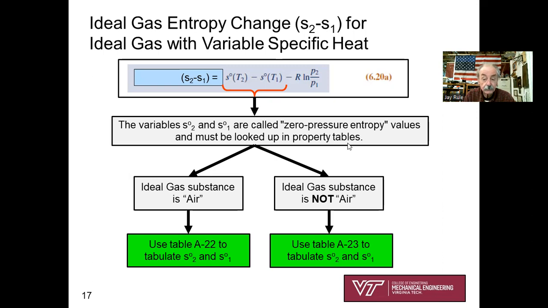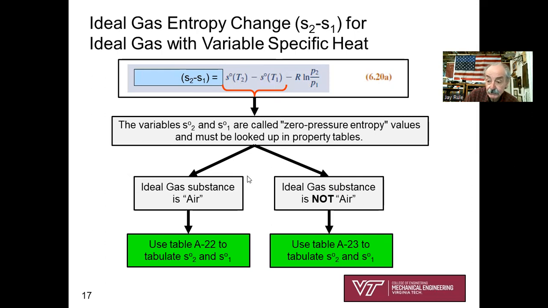Are you still with me? We've got equation 6.20 that we derived for an ideal gas with variable specific heat. To calculate S2 minus S1, we've got three things to worry about: S02 minus S01 minus R natural log P2 over P1. Be very aware of that.